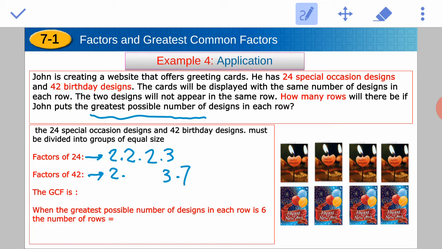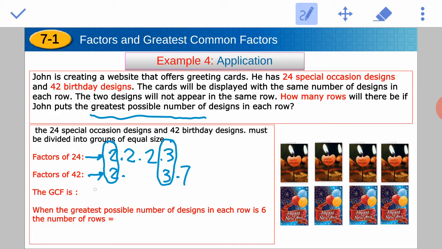And if you notice, guys, I'm trying to line up the common factors. If you look at this pair, you will find this pair is in common, and these two 3's are in common. The GCF of 24 and 42 is simply the product of all common factors.